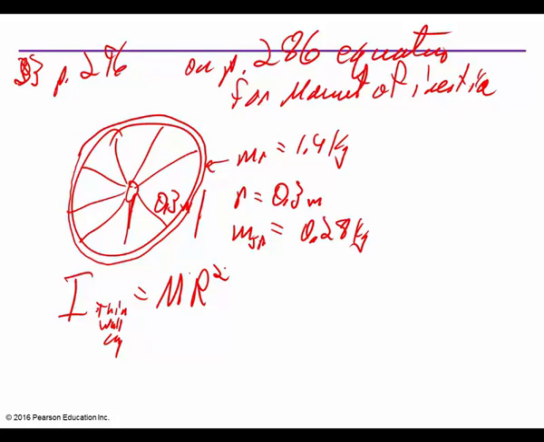Let's look at those equations and see which one would fit that. Now remember, a spoke is a rod. Does the thin-wall cylinder equation cover it? No, because it's not a thin-wall cylinder, it's a rod.